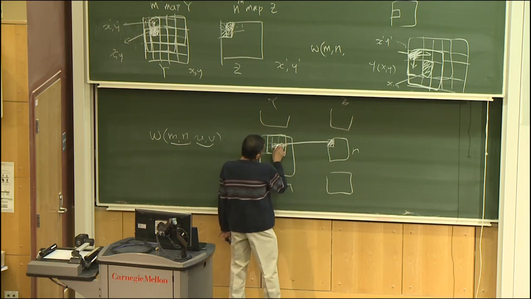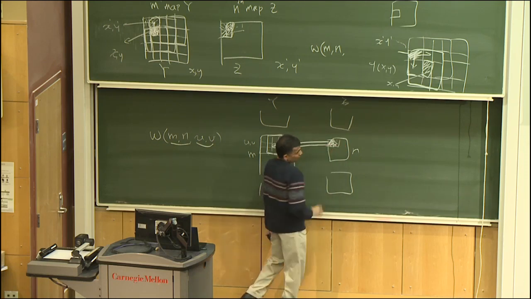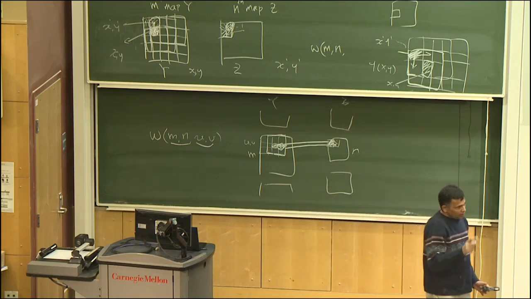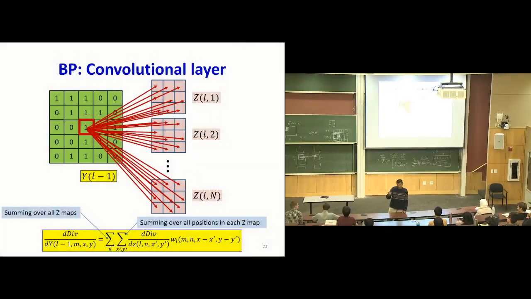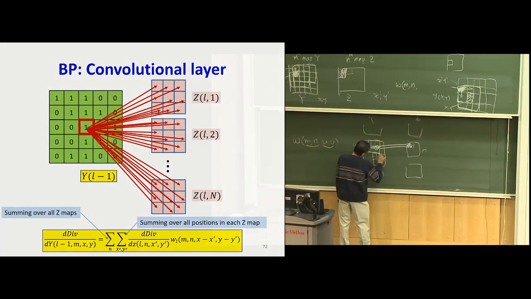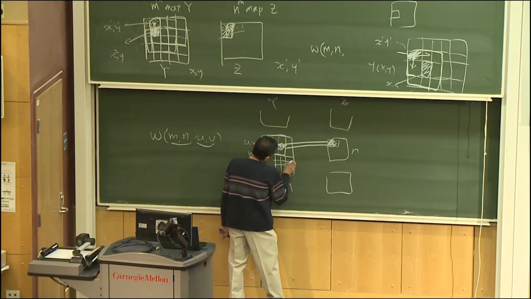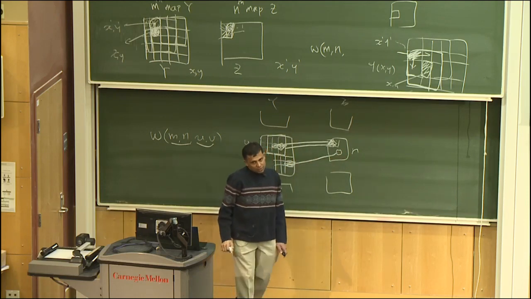And it's going to be using this value of y, and it's going to be creating this value of z. So the weight is influencing a new location of z through a new position on y. That makes sense, right? And similarly, if I finally position the filter here, this is the weight value, right? It's going to be influencing the z over here through the y over here. That is the connection that you'd actually be seeing.